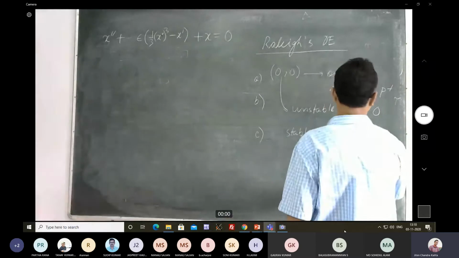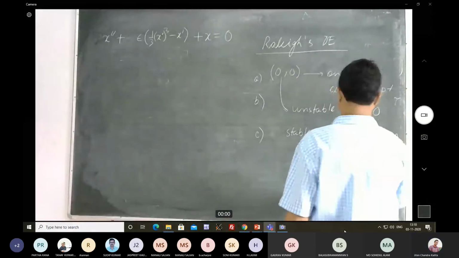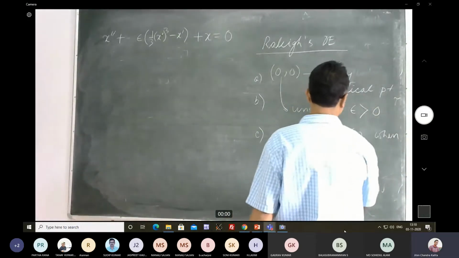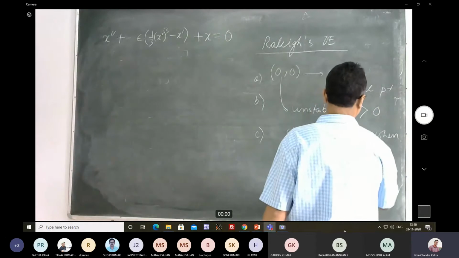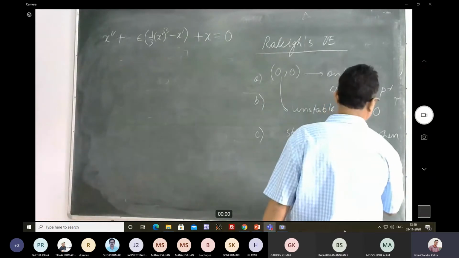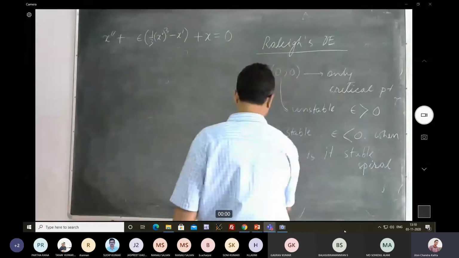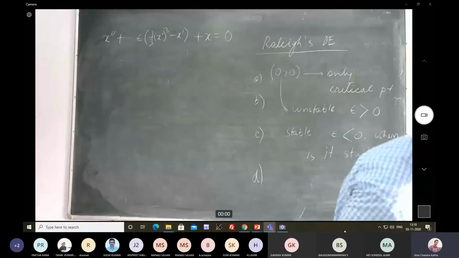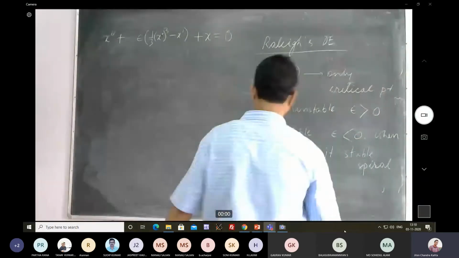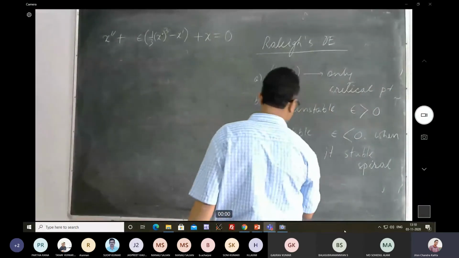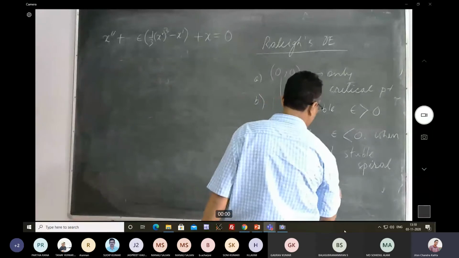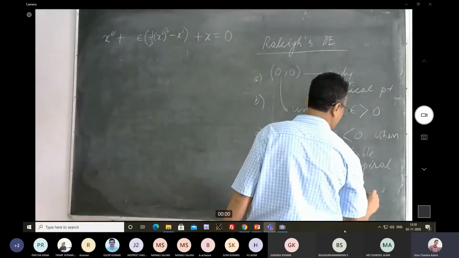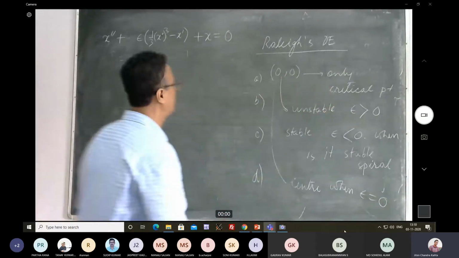Then the next question is, when is it a stable spiral? And then you have to show that 0, 0 is a center when this is equal to 0.